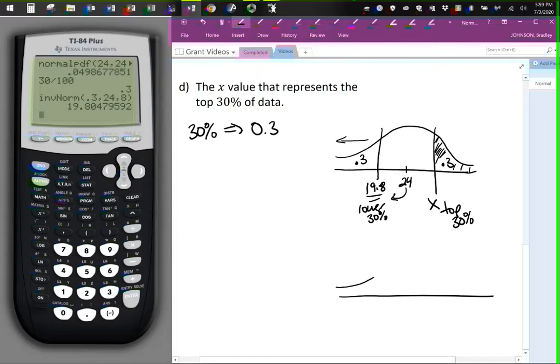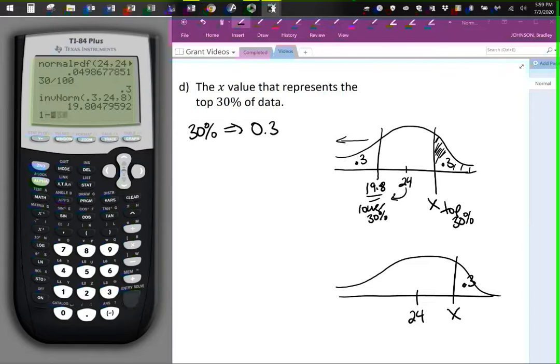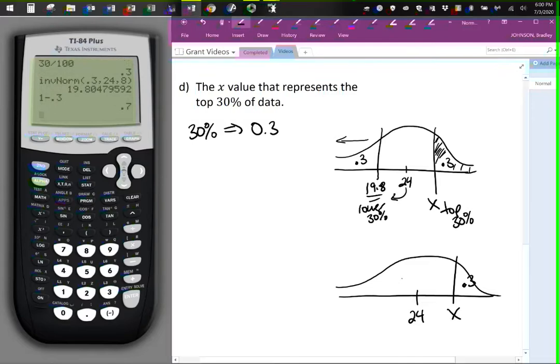Well, let me draw another quick little sketch. If I know that 0.3 is to the right of this x value, and the area under the curve is always 1, well, I could do 1 minus 0.3, and you get 0.7 as the area here, right? So 0.7 plus 0.3 adds up to 1, so I know that that's good.